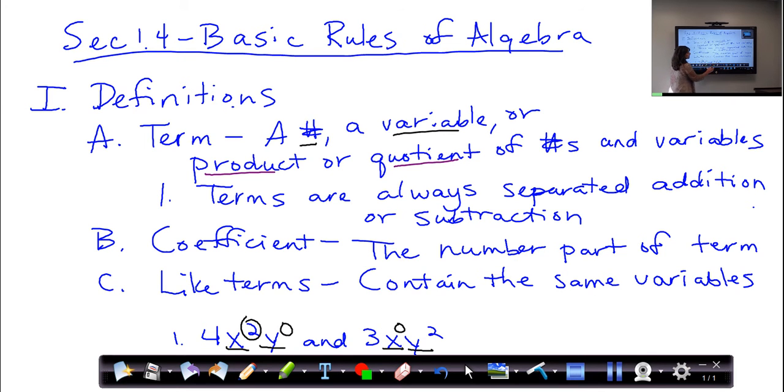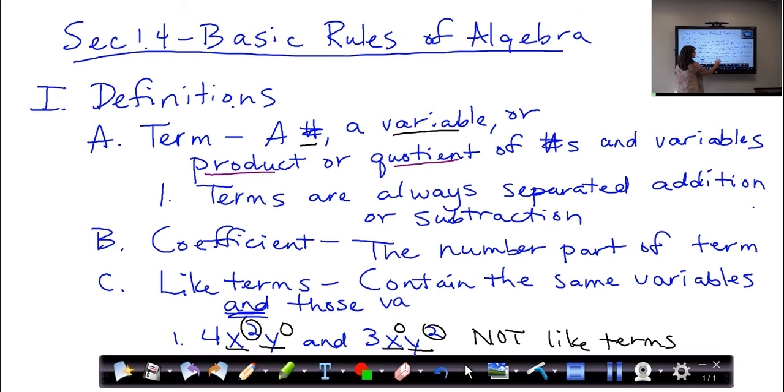Notice this y is to the first power and this y is to the second power. These are definitely not like terms, because there is so much more to like terms than simply having the same variables. They do have the same variables, and those variables are to the same power.